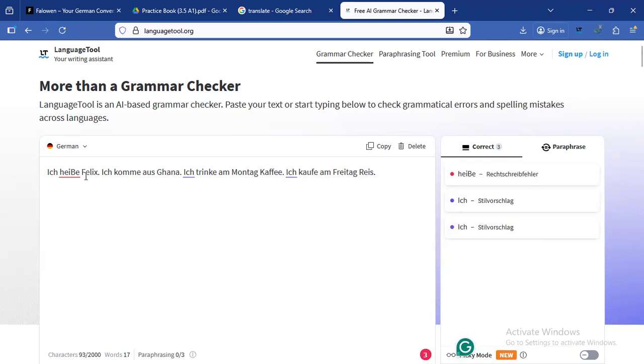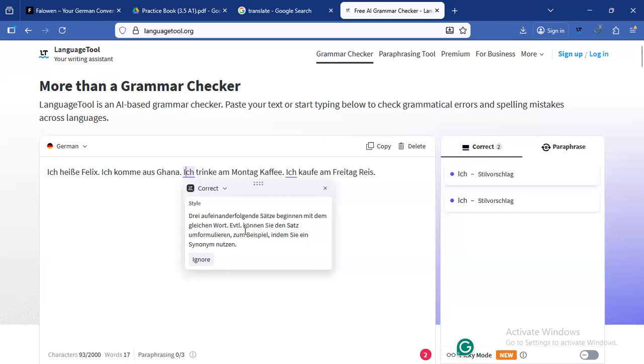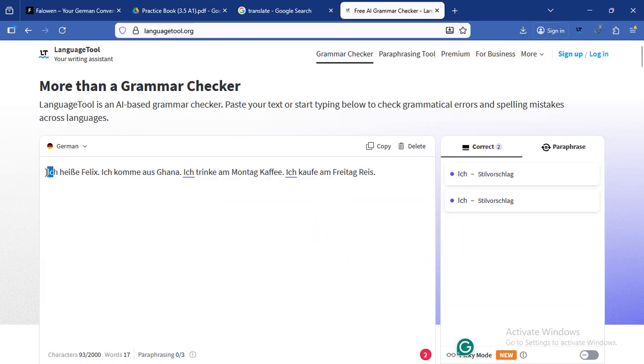So here is red, here is blue. The red means that there is a spelling mistake here because I'm using B, right? So I'm just supposed to change it to the sharp S. But this blue is not wrong. They're only telling me that I'm trying to use one word to start all my phrases. Here is "ich", here is "ich", here is "ich", and here too is "ich".